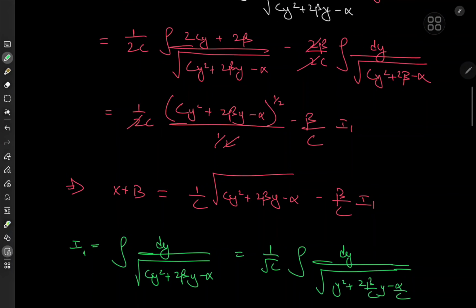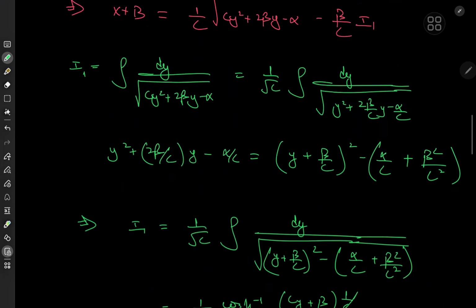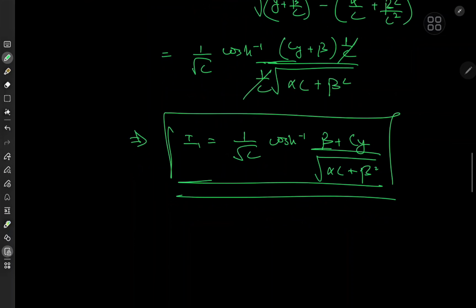Oh yeah, beta over c times I sub 1, and we can factor out a 1 over c term, which does look nice, I guess. So this implies that x plus b, and I do recall there being some plus or minus sign with the integral, so there's a plus minus 1 over c times, what exactly? I forget. Oh yeah, there was the square root.